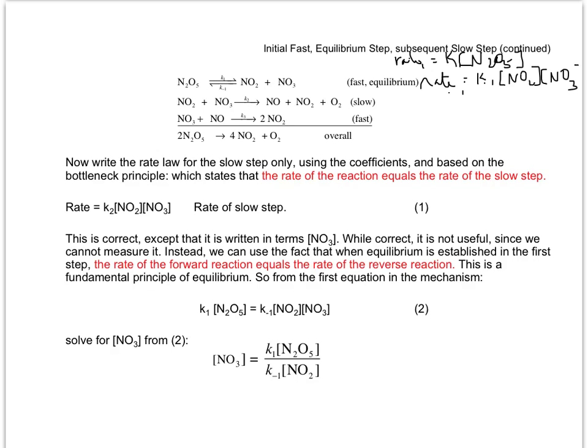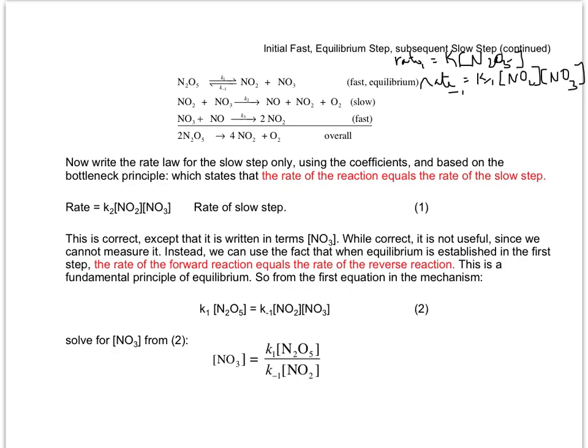I don't know if that's helpful, but if you take it apart, then you say that the rate of the forward reaction equals the rate of the reverse reaction, and that's how you get this down here. After you get comfortable with that, you don't have to write this out. You just look at this reaction and say k1 times [N2O5] is equal to k minus 1 times [NO2] times [NO3], which is what we have here.